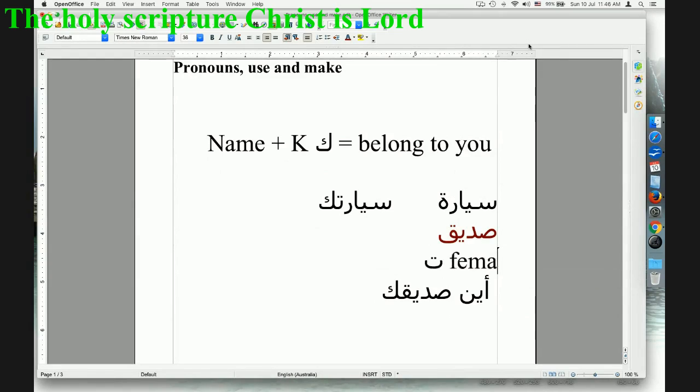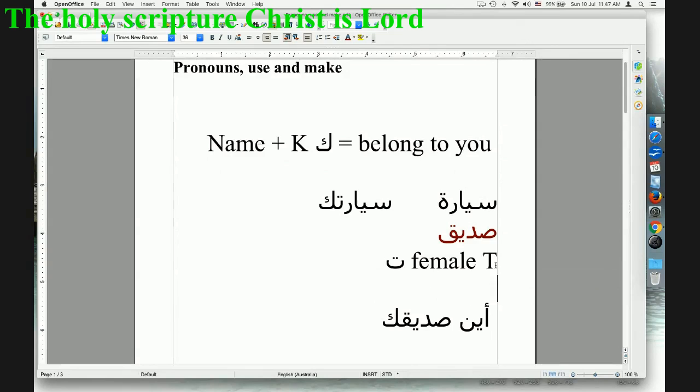So if I want to make this about a female, the word sadiq will not be sadiq anymore, it will be sadiqa. I mean in English. Sadiqa.